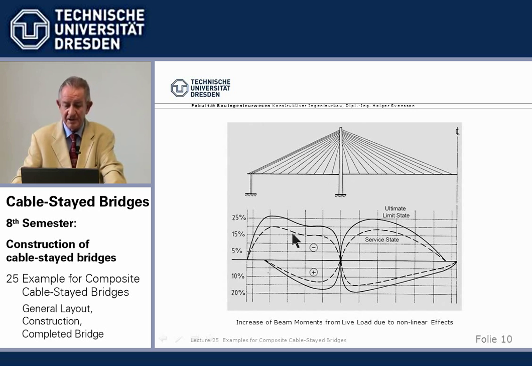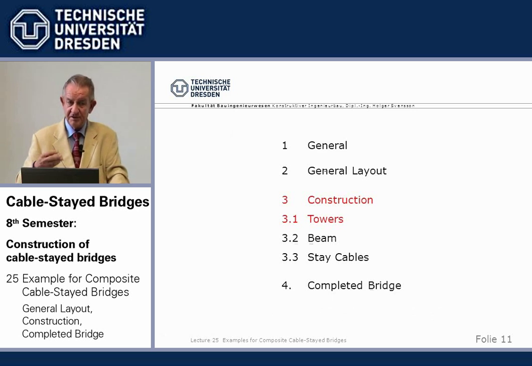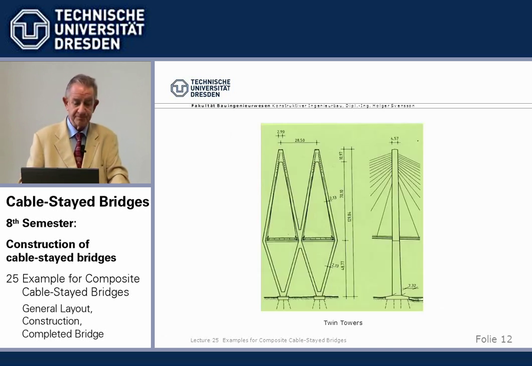So we have an increase under live load in the range of up to 15-20%, and in the ultimate limit state up to 25% due to nonlinear P-delta effects. It is a rather slender construction. Now, we come to the construction.